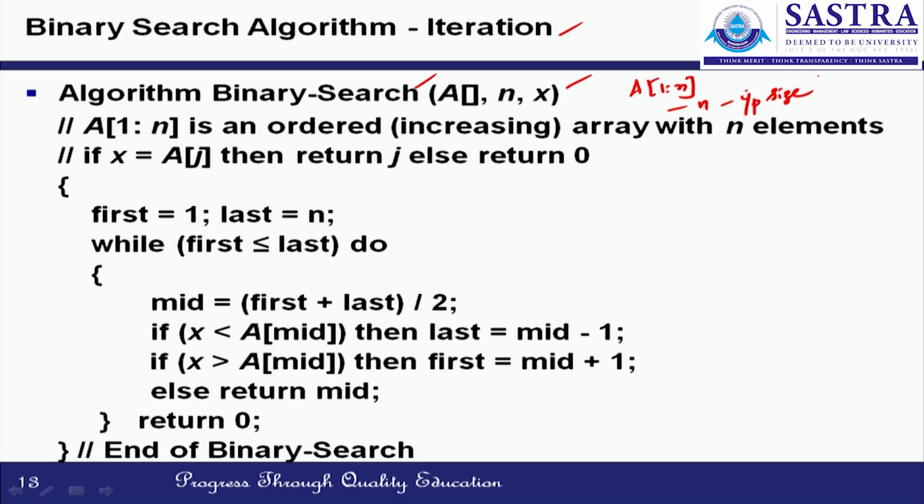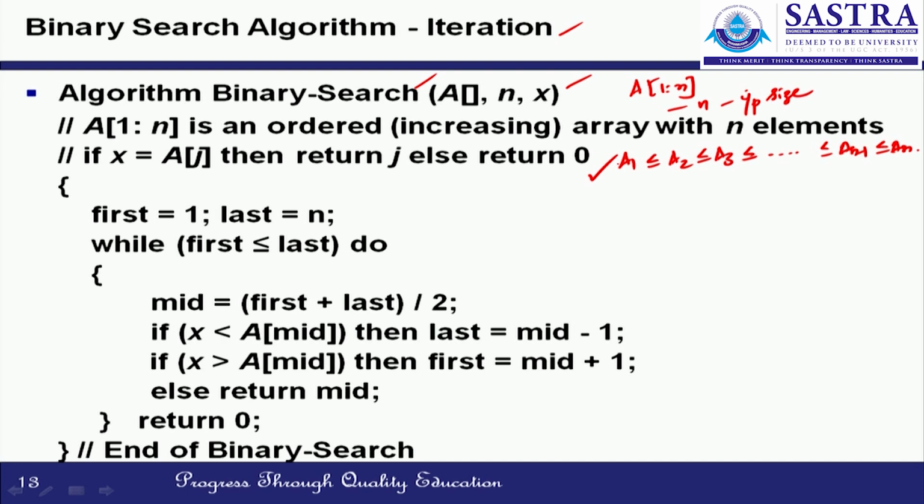Here we are assuming ascending order: a1 less than or equal to a2 less than or equal to a3 and so on, up to a n minus 1 less than or equal to a n. That means the array elements are in ascending order.